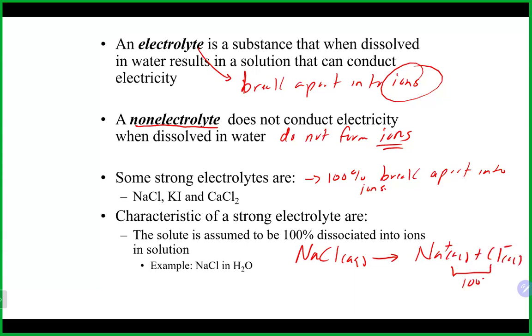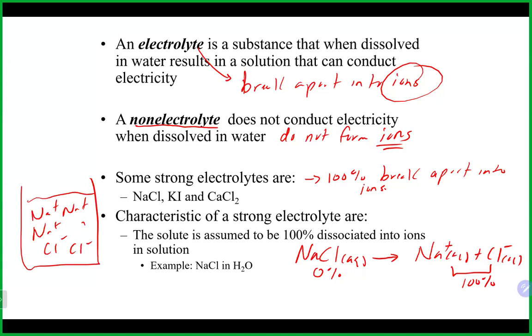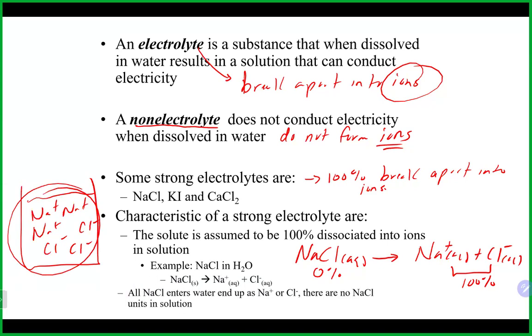You would have none of the sodium chloride units together. If you were to look at that beaker, you basically would have nothing but ions floating around. And because of that, it's a very strong electrolyte because you have lots and lots of ions floating around in that solution. When we do that, it does conduct a lot of electricity and it completely breaks apart.